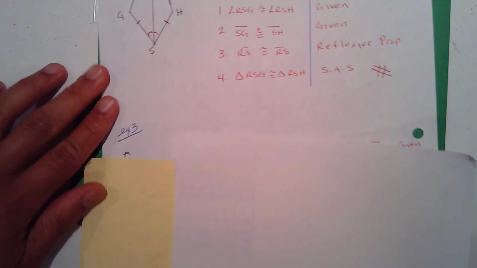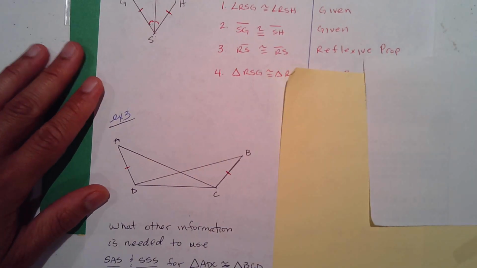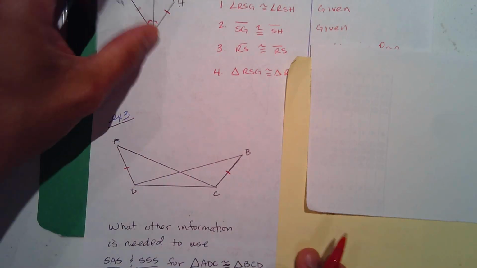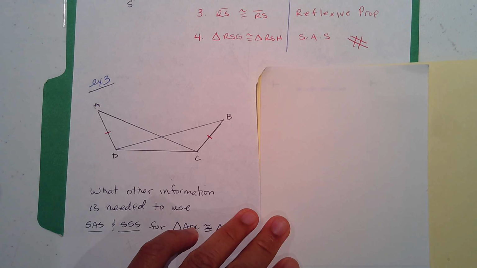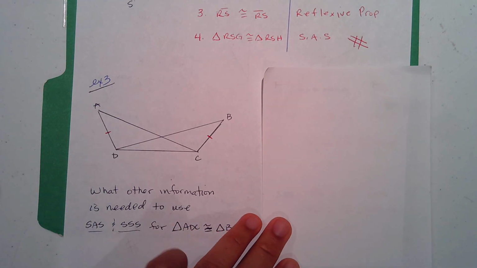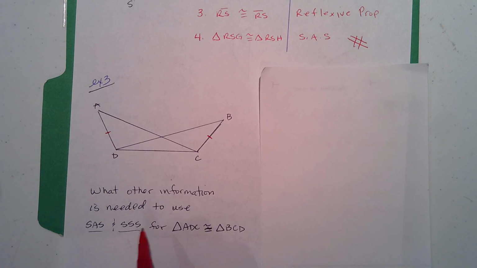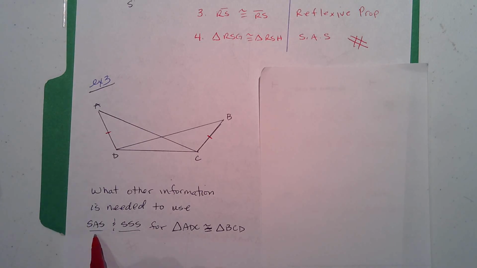All right, in example 3, the directions are: what other information is needed to use SAS and SSS for triangle ADC to be congruent to triangle BCD. So this is not a two-column proof. It's just asking what information we need to make these two triangles congruent using SAS and then using SSS.